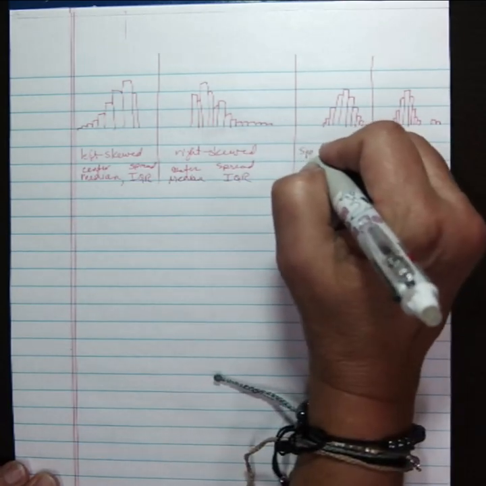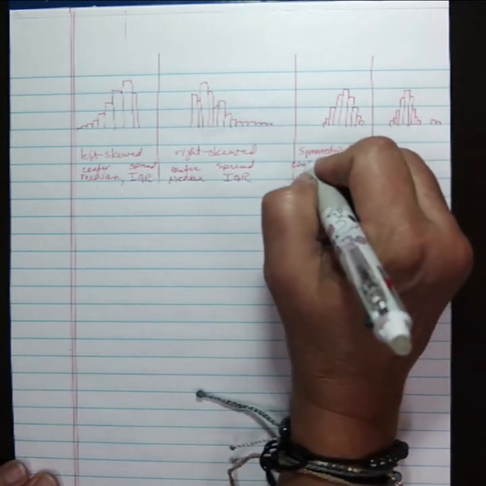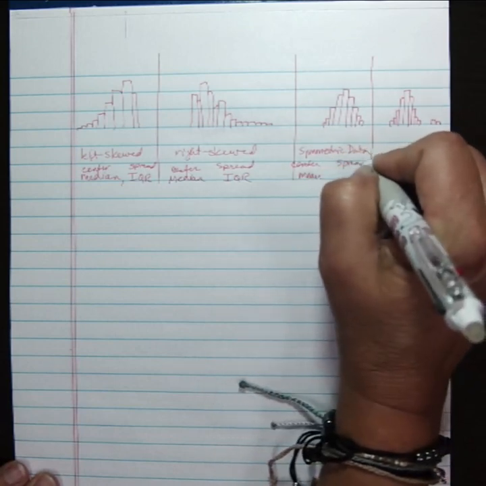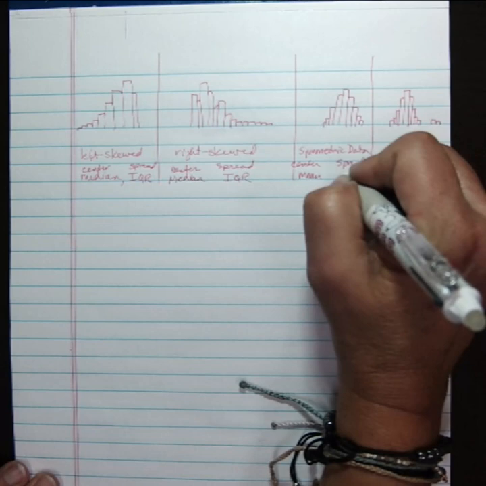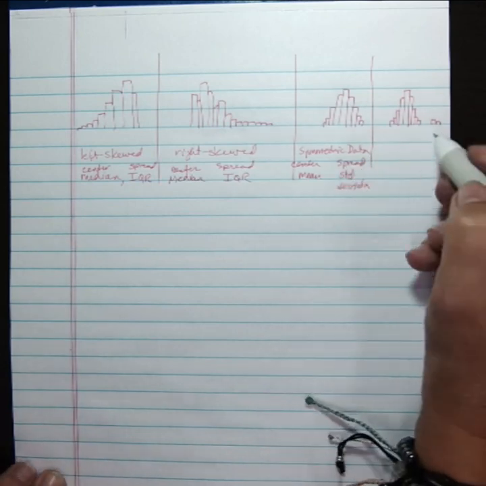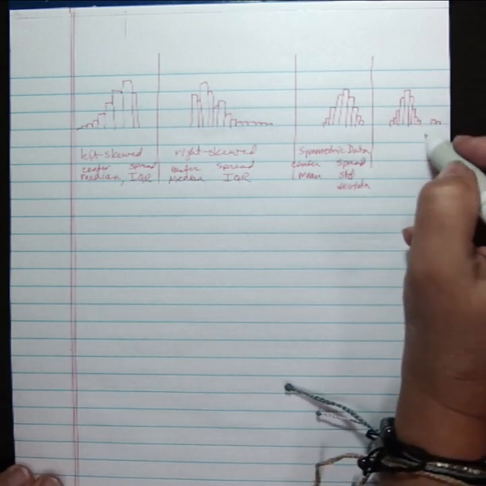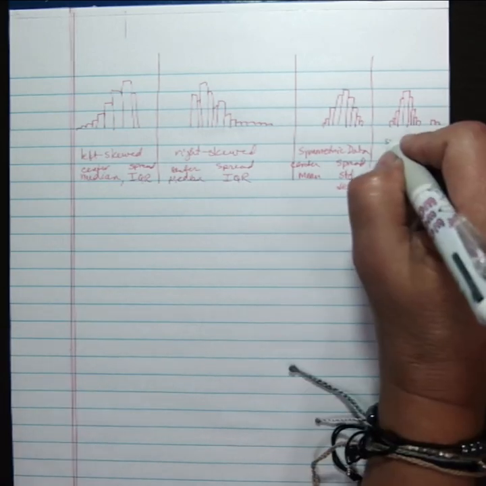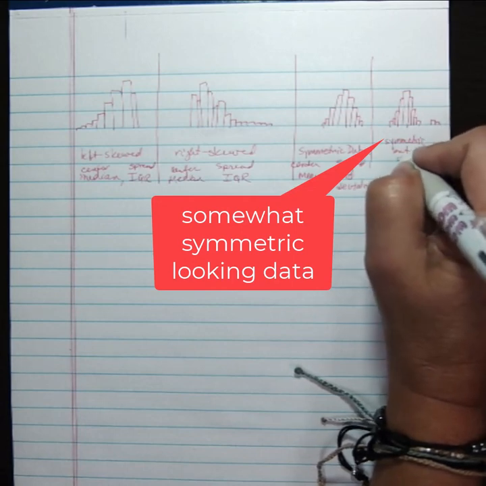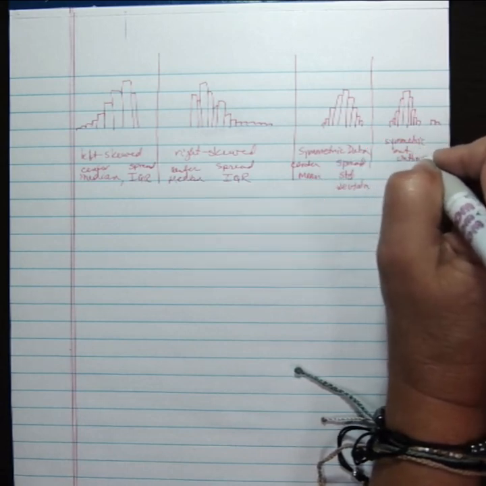For symmetric data, for center we would use the mean, and for the spread, the standard deviation. And this one, what would we use for this one? So we have symmetric data, but there's an outlier or outliers.